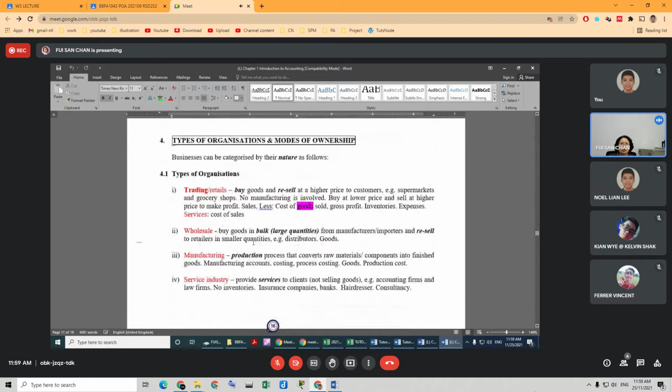And types of organization. How many types of organization do we have? Basically, we have trading, retail, wholesale, manufacturing, and service industry. This one you should be able to understand. Normally, we buy from retail. It's very unlikely that we buy from wholesale, because wholesale sells in bulk.